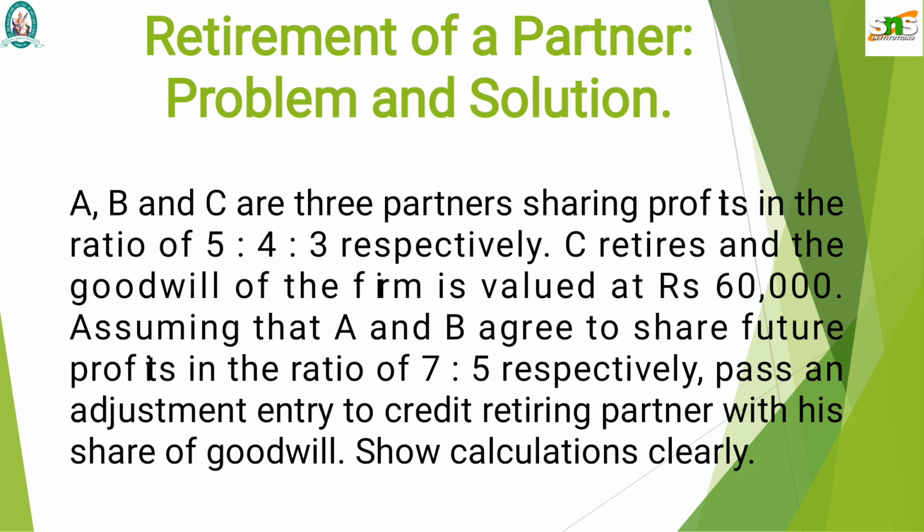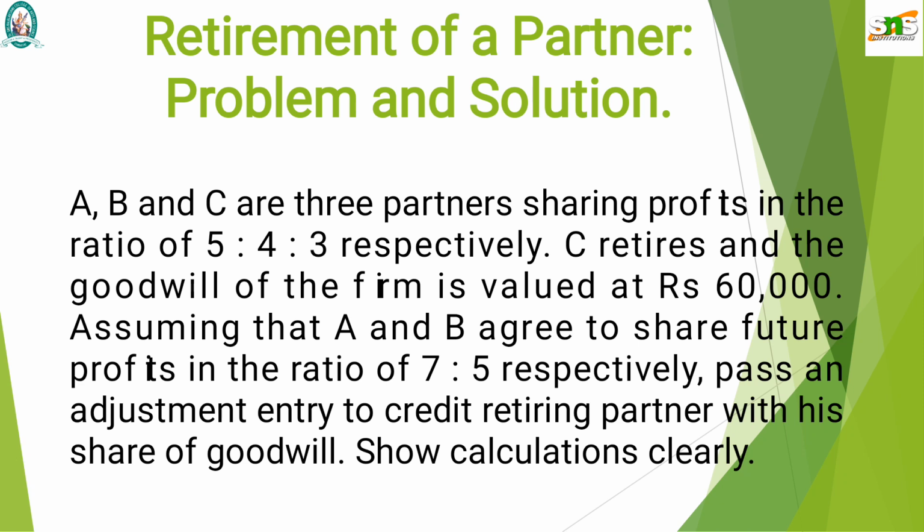Now in this case we are asked to pass an adjustment entry to credit the retiring partner with his share of goodwill. So it is a must for the continuing partners to contribute the goodwill for the retiring partner, because due to the retirement of one partner, the remaining partners will definitely gain.